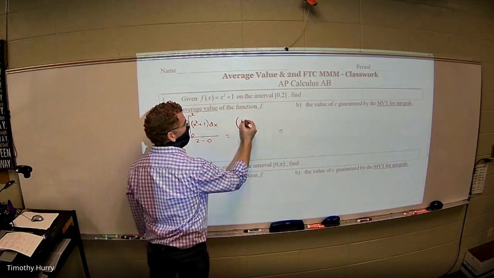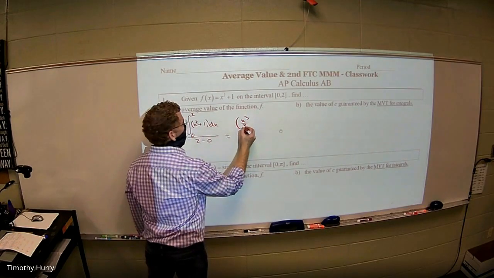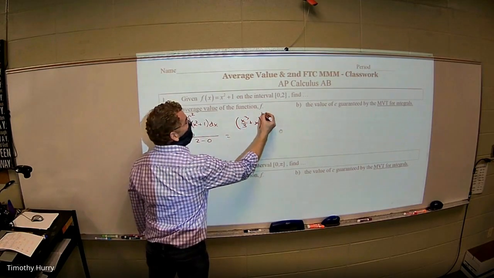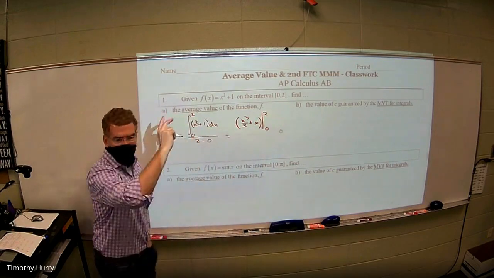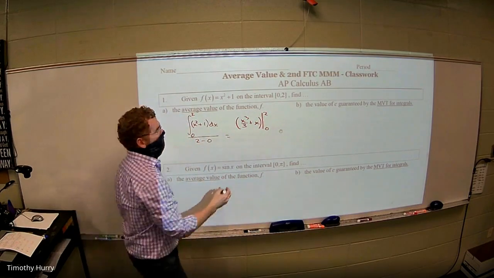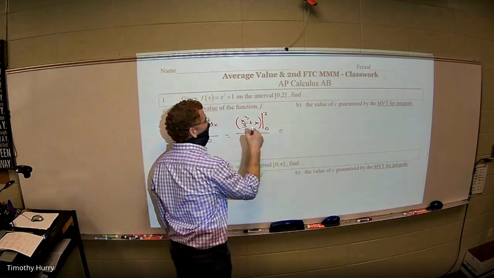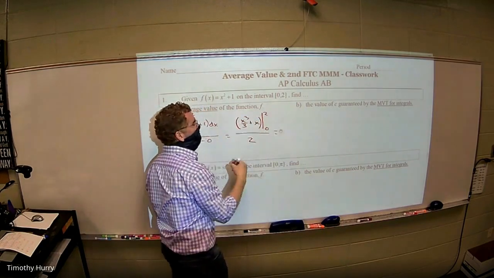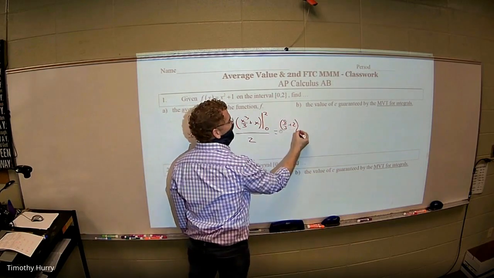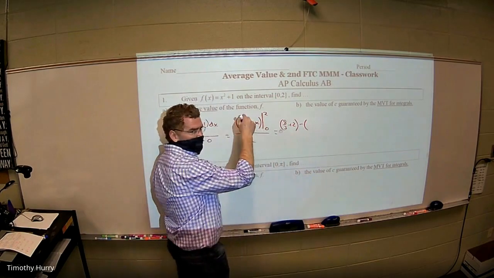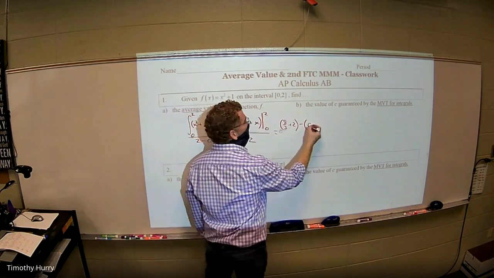What's the integral of that? That would be x cubed over 3 plus x, from 0 to 2. Notice the dx is gone, the integral's gone when I integrate. Over 2 again. And then what happens when I plug the 2 in? 8/3 plus 2 minus 0/3 plus 0. That was nice.